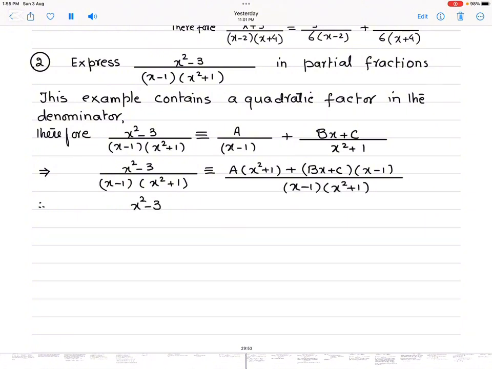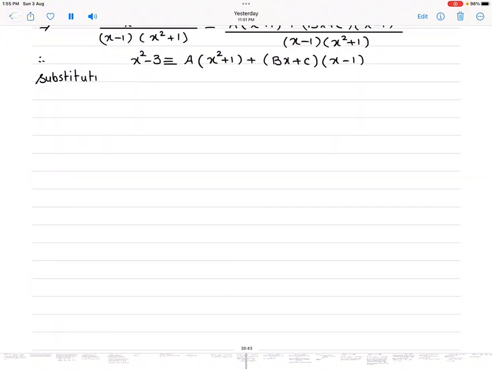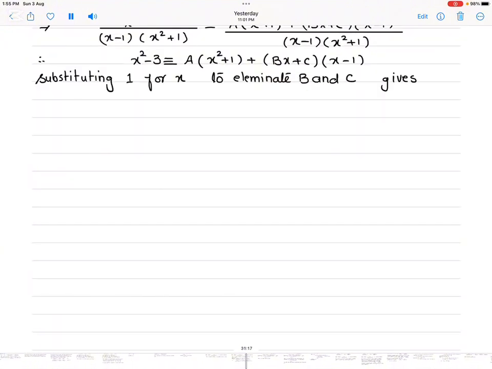Now take the numerator only. X squared minus 3 is identical to a times x squared plus 1 plus bx plus c times x minus 1. Substituting 1 for x to eliminate b and c gives 1 squared minus 3 equals a times 1 squared plus 1.